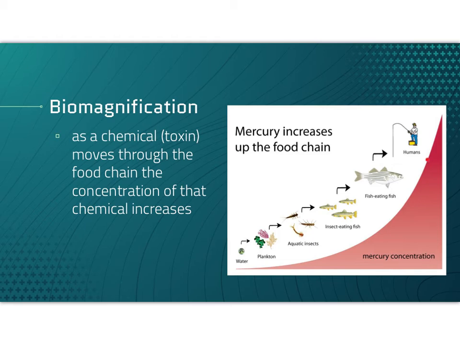And of course, when we catch fish, we take on more mercury because we don't necessarily just eat one fish. So this is important to consider, that as we go up the food chain, the concentration of a chemical that is persistent or biomagnified will increase.